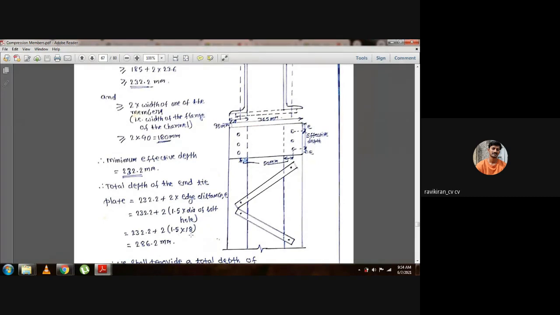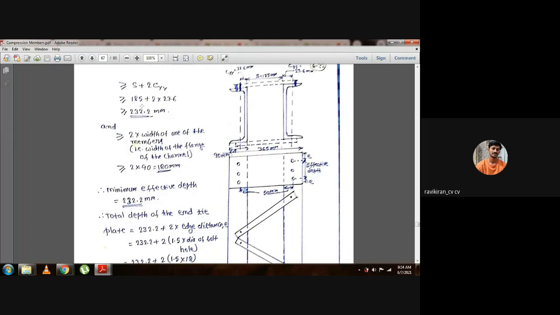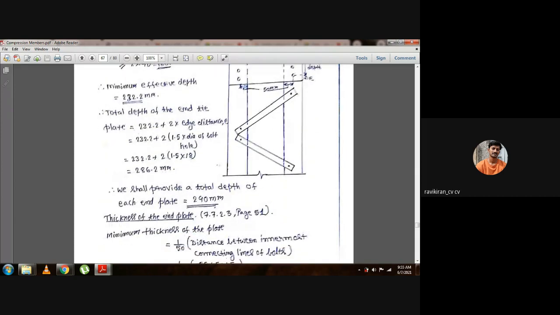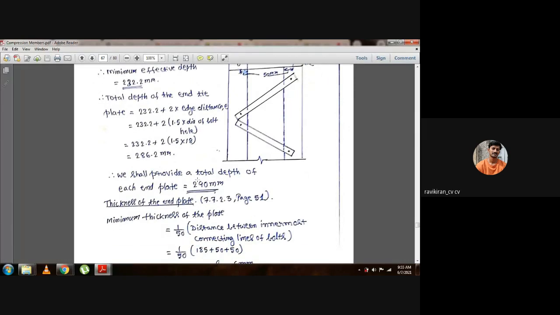So 1.5 times 18 plus 232. How did you get this 232? 232 is 185 plus 2 times CYY distance. Distance between these two dotted lines is considered here, plus edge distance on both the sides. So 286.2 millimeter we got. Let us round off to 290 millimeter. We shall provide a total depth of each end plate 290 millimeter.